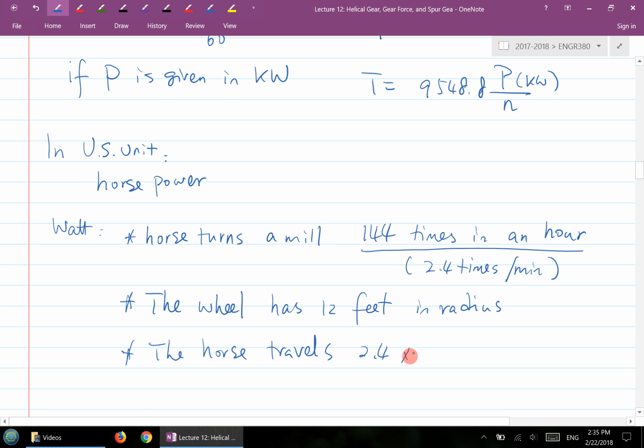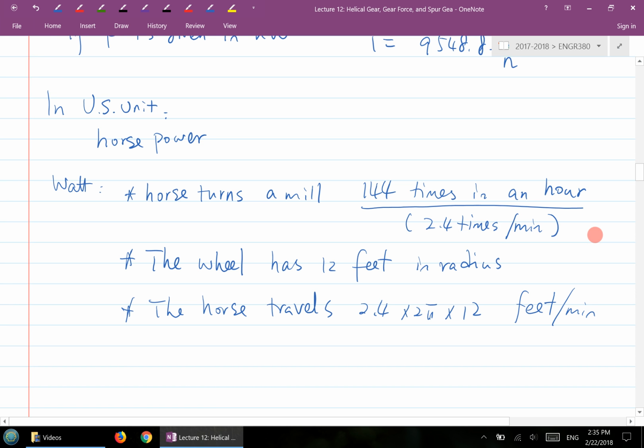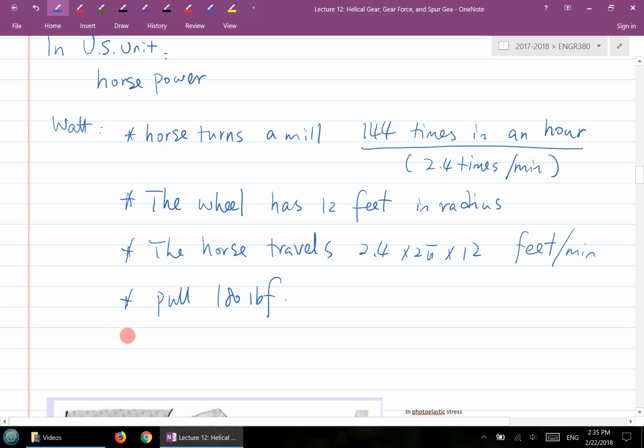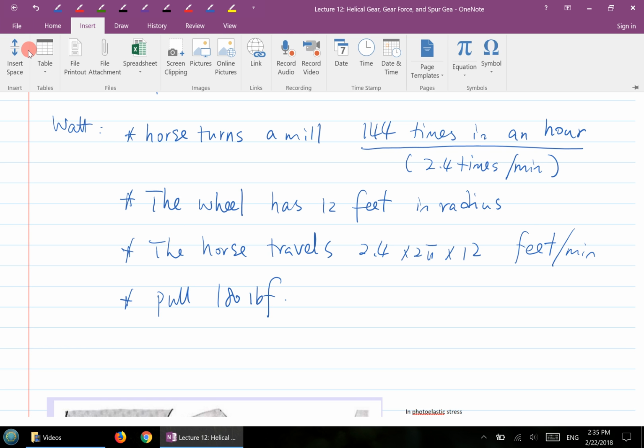Now you can calculate how much distance the horse travels: 2.4 times the circumference of the wheel. That gives a unit of feet per minute. So the horse travels this many feet per minute, and the poor horse is able to pull 180 pound force. With these numbers, we can calculate how much one horsepower is.